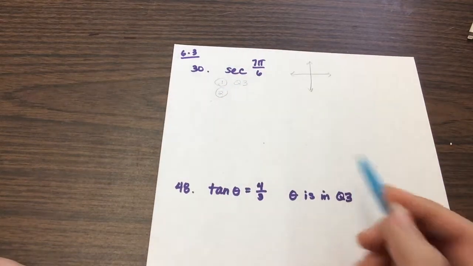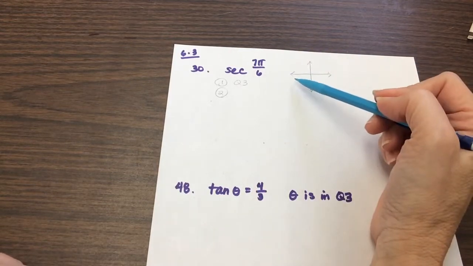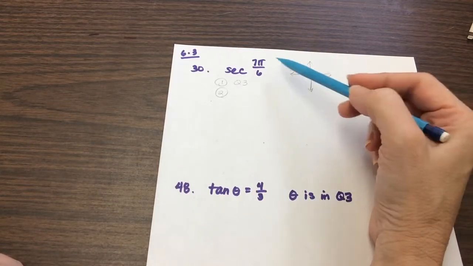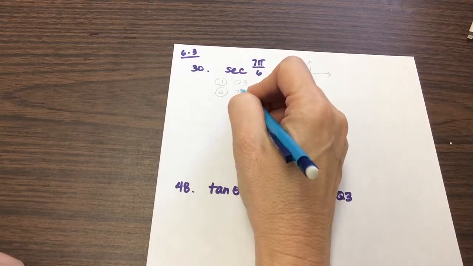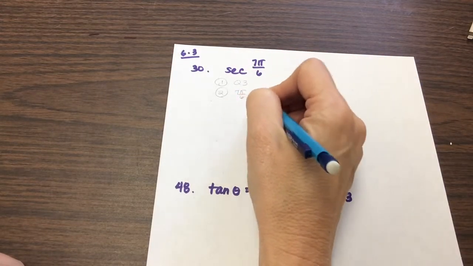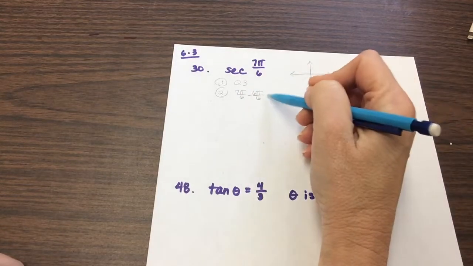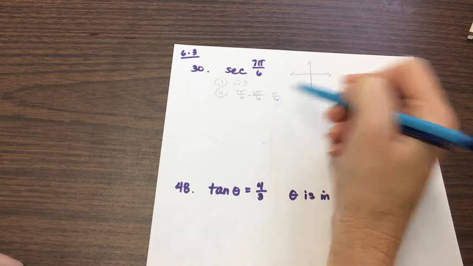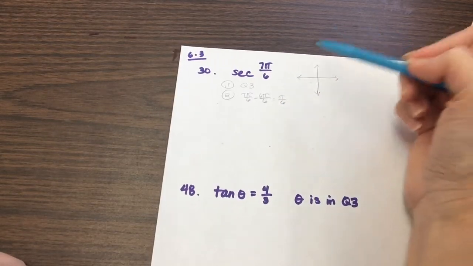My reference angle, if you don't change that to degrees, then subtract theta minus 180, remember that we're doing 7 pi over 6 minus pi, which in this case is going to be 6 pi over 6. So my reference angle in this case is going to be pi over 6. Now I'll go ahead and tell you a little secret.